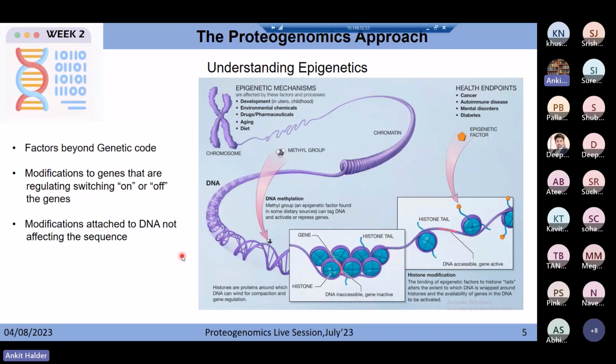Here we know that the DNA sequences are packed with different kinds of proteins so that they fit inside the nucleus, and when the packaging opens up, the transcription factors and different proteins can interact with the DNA sequences, which can lead to transcription.